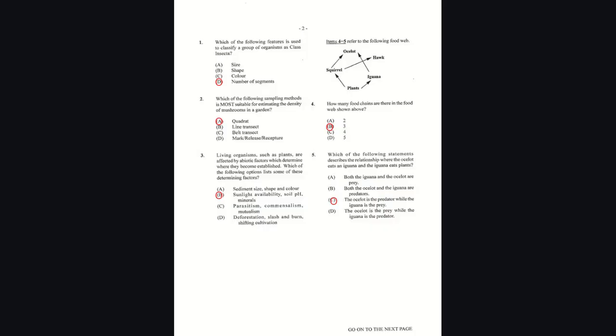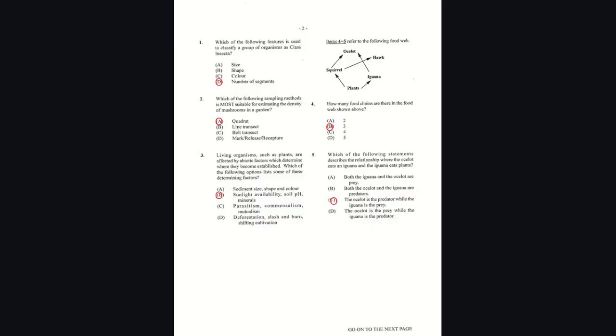Number 2, which of the following sampling methods is most suitable for estimating the density of mushrooms in a garden? And the answer is A, quadrat. Because I think at the CSEC biology level, one of the main instruments that students are exposed to is the quadrat.